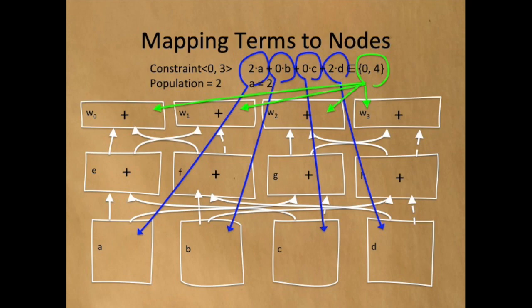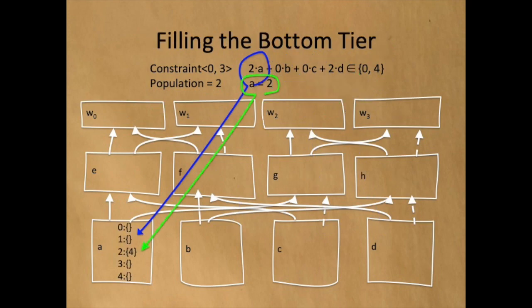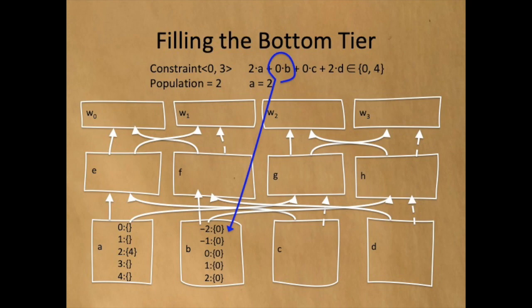Also note that the nodes at the top level express the total sum of the entire equation, which must be either 0 or 4. The Hadamard domain of node A is 0 to 4, but only one value will work because the population must be 2, so the Hadamard value must be 2. So the partial sum will be 4, which is 2 times 2. The Hadamard values for node B range from -2 to +2. Since we don't yet know which Hadamard value will be selected, we must consider them all.